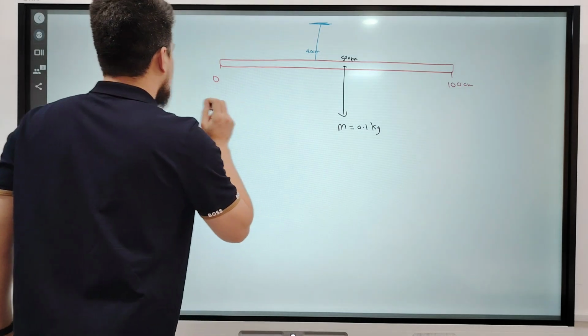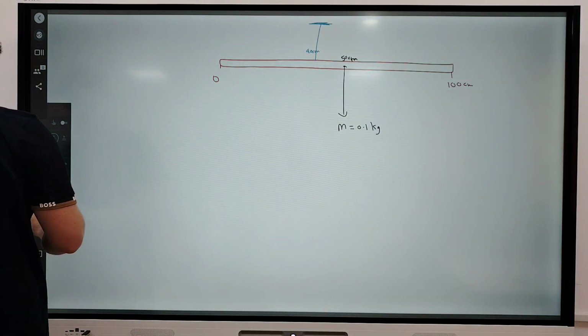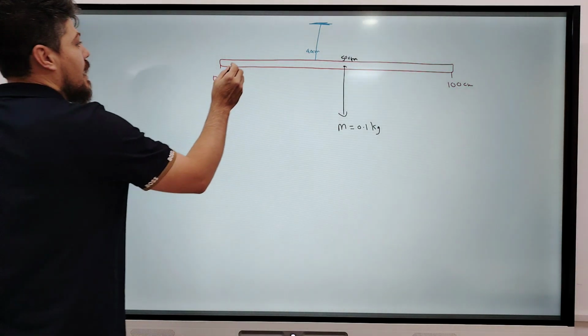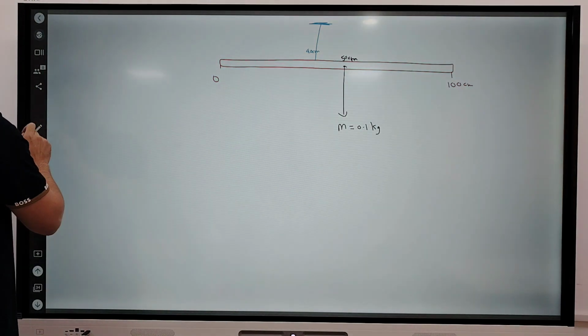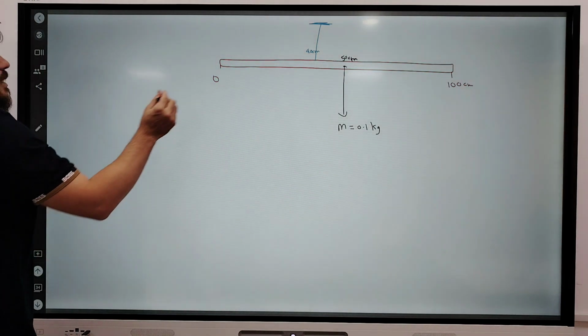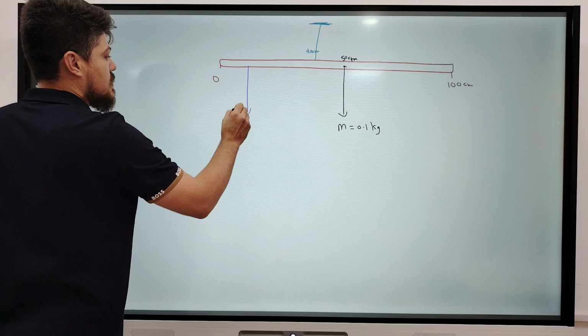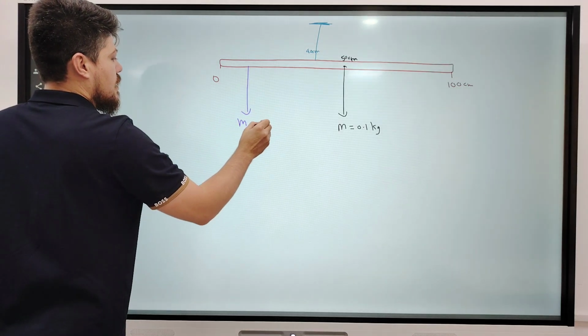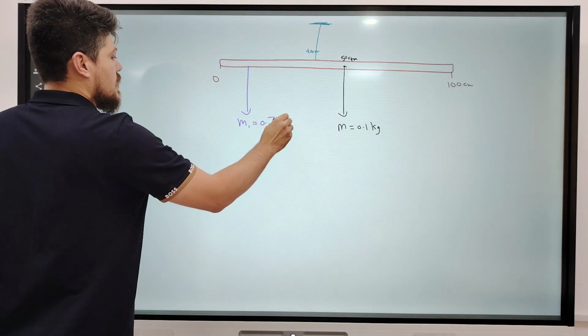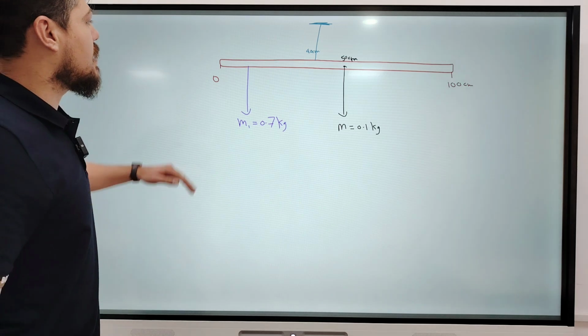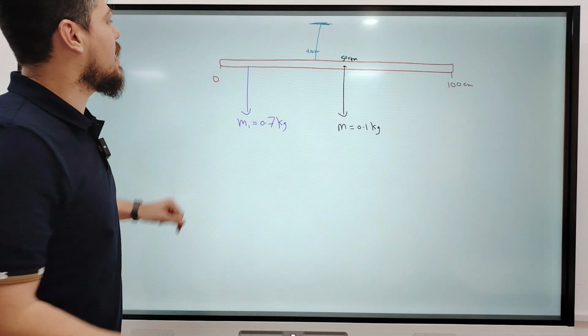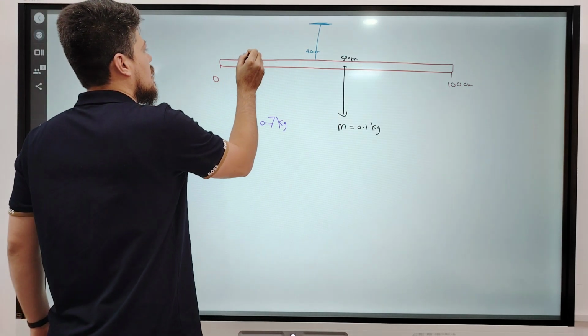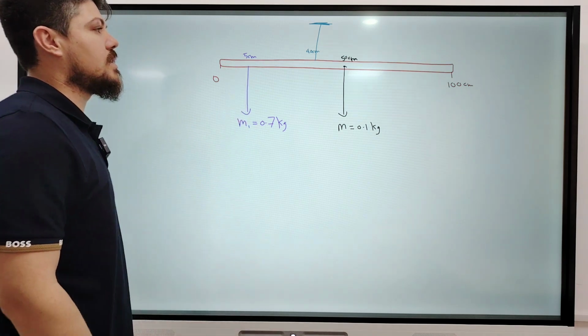The mass suspended at 5 centimeter, this is m1, is equal to 0.7 kilogram, attached to the meter stick at 5 centimeter.